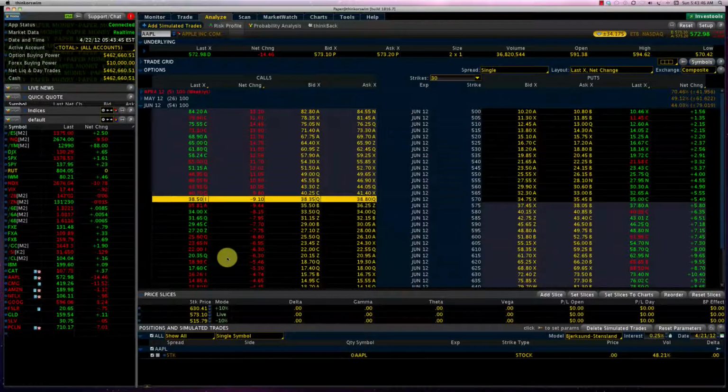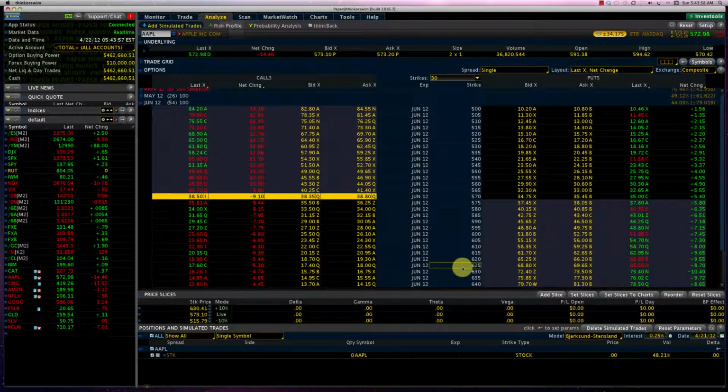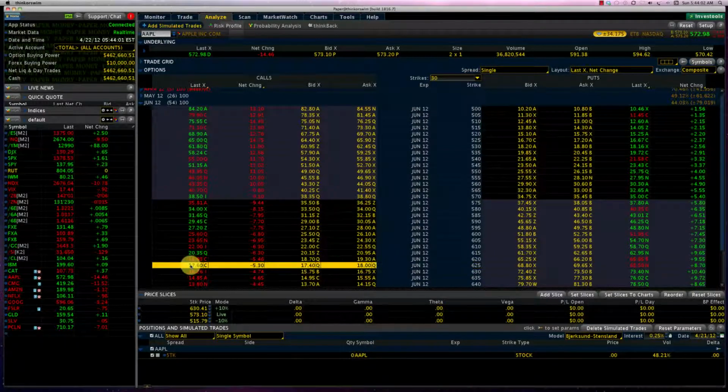So now, if you recall the land example, we had an out of the money option that was at $1.1 million. So that's similar to saying that I want the right to buy Apple at 625. So if you look at the 625 call option, it's going for $17.60, which is much less than this.